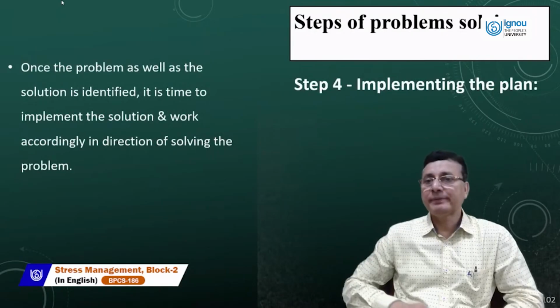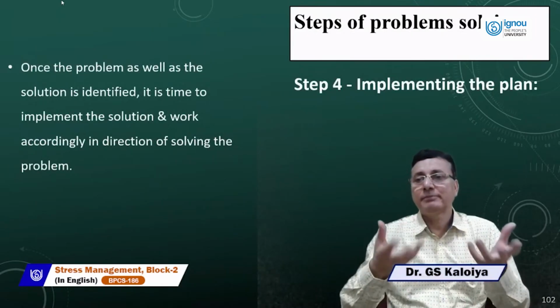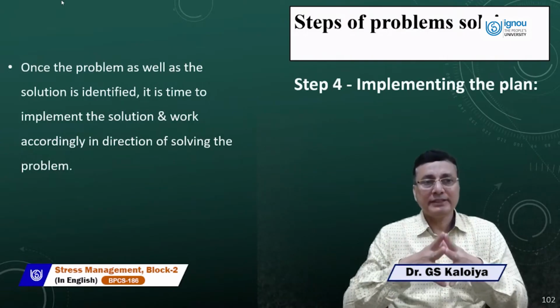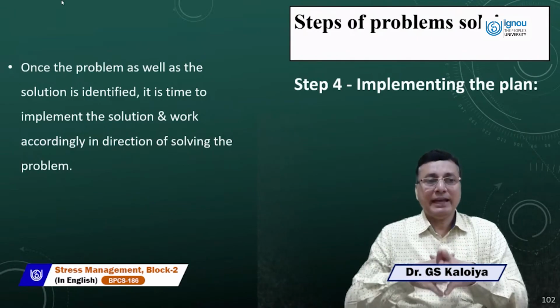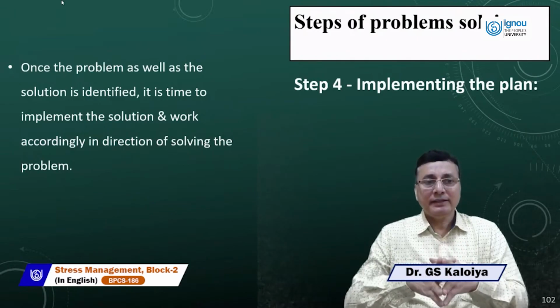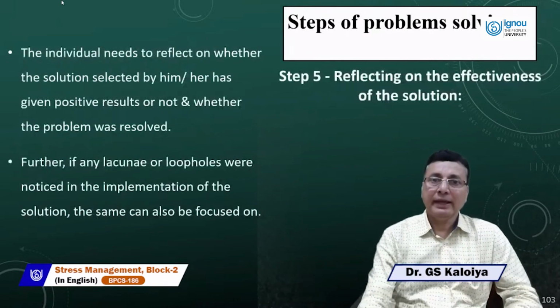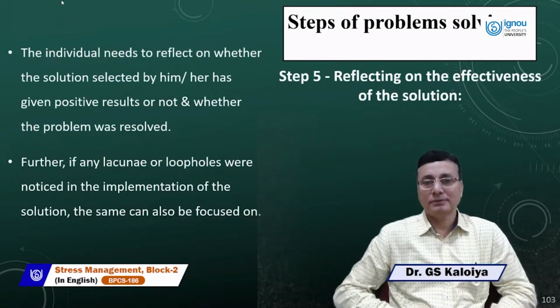Step 4 is implementing the plan. Whatever solution you thought is good, you are implementing it. Once the problem as well as the solution is identified, it is time to implement the solution and work accordingly in the direction of solving the problem. And step 5 is reflecting on the effectiveness of the solution.